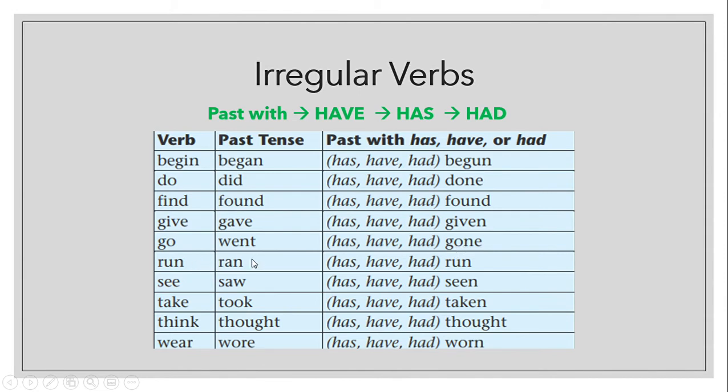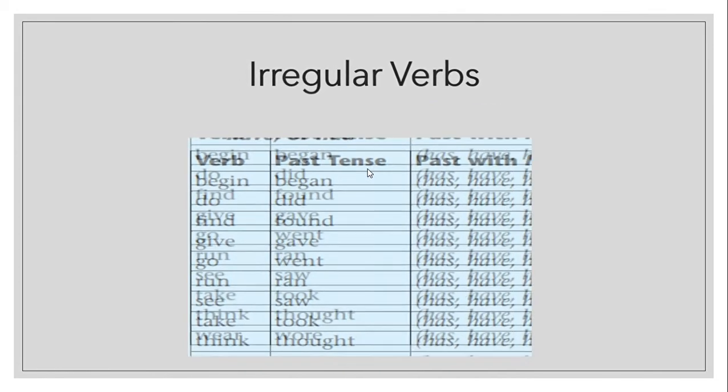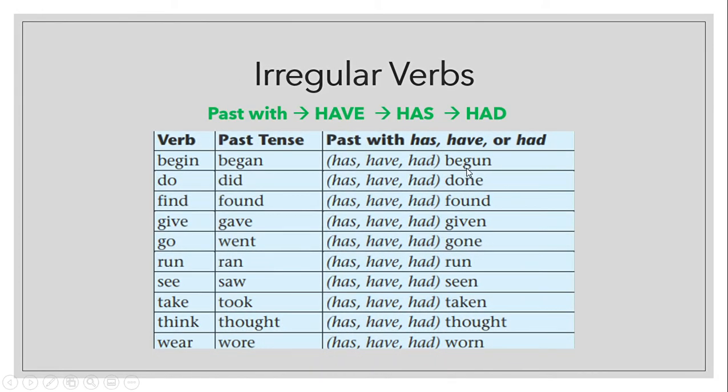Run, ran, run. See, saw, seen. The slide before, it was just the past of begin, began. But if before the verb we have has, have, or had, okay, the verb changes further.